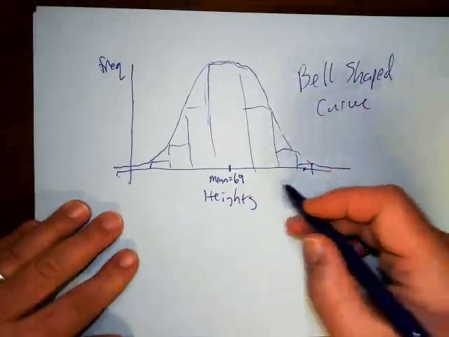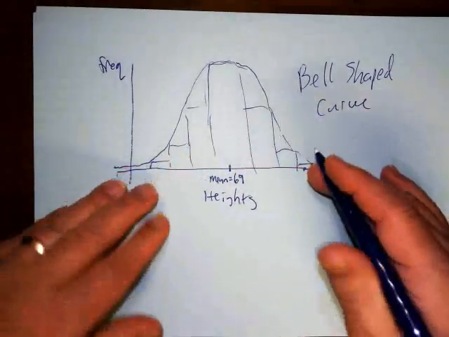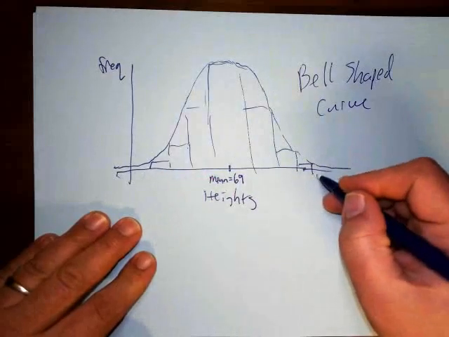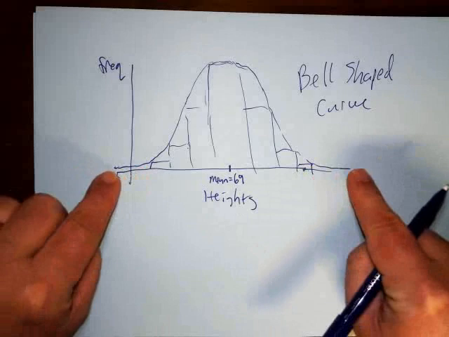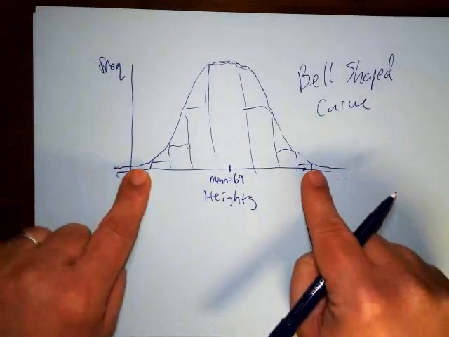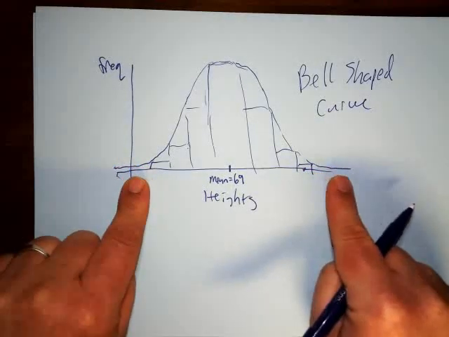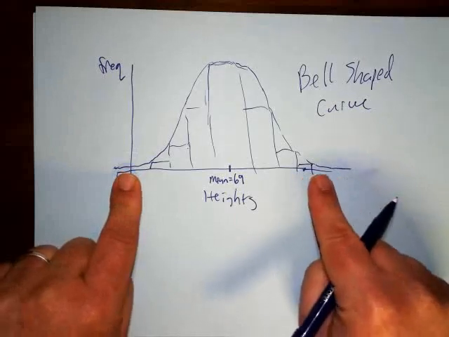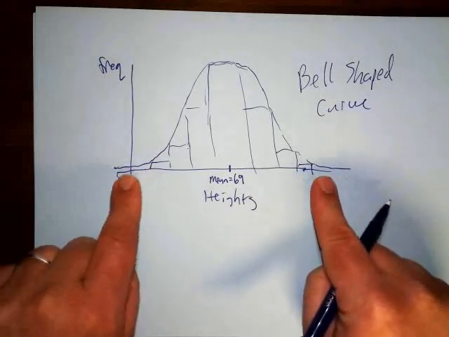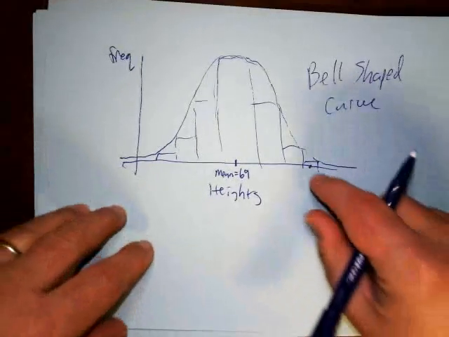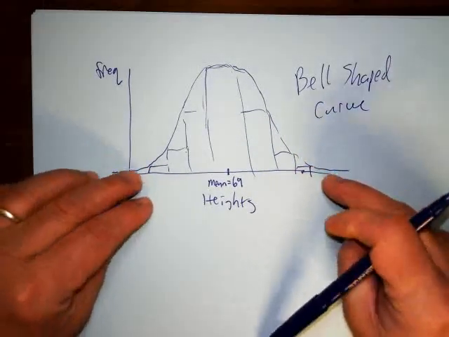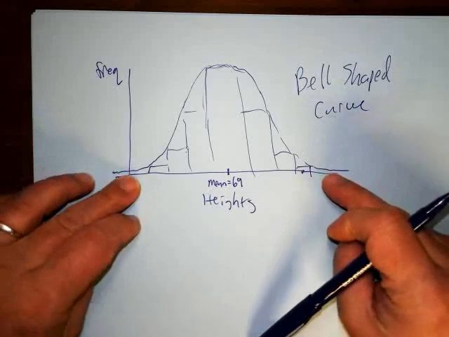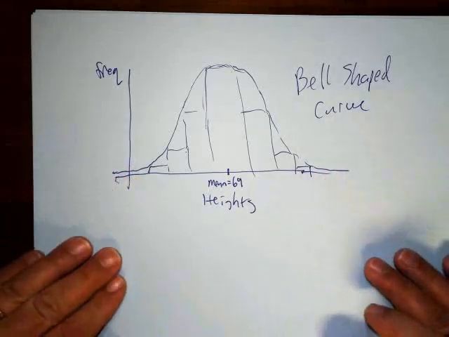For the height of adult males, of course, there's going to be a shortest person and a tallest person, but this idea of getting infinitely close is like we're never going to put a cap here. There could always be someone a little bit taller than the tallest person, or a little bit shorter than the shortest person. But it gets so close to that axis that the area underneath the curve in those tails is pretty much negligible.